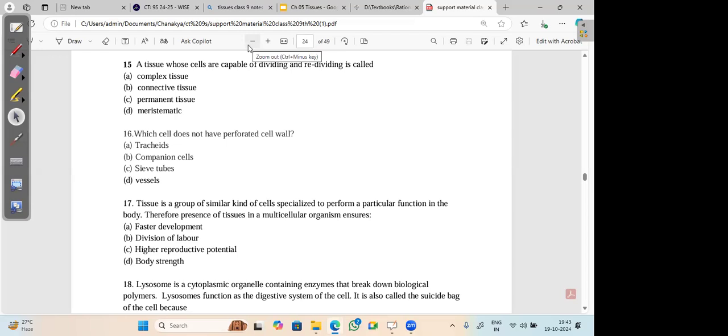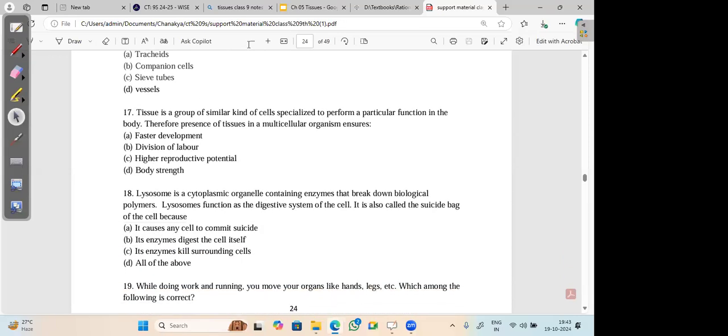Okay. So tracheids, they also have perforations. Sieve tubes also have perforations. Vessels also have perforations. Only the companion cells do not have any perforation.